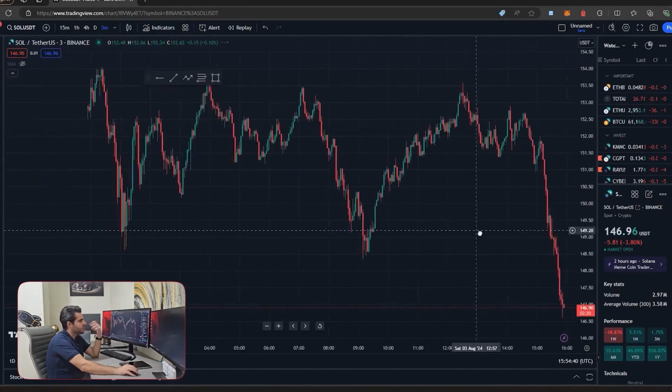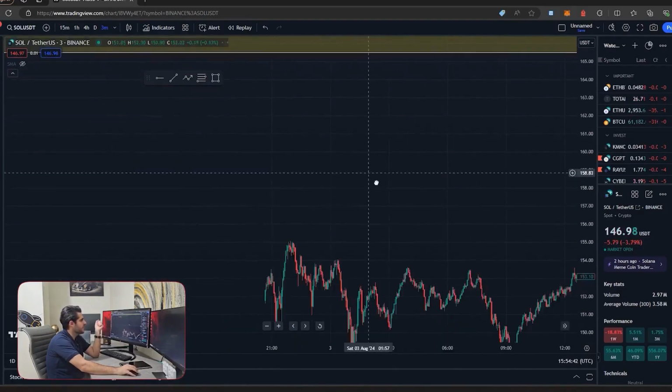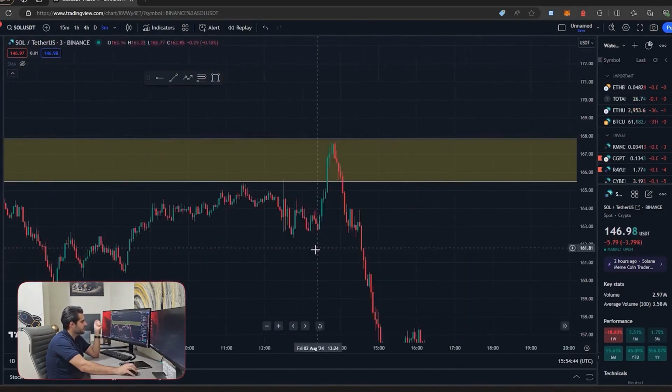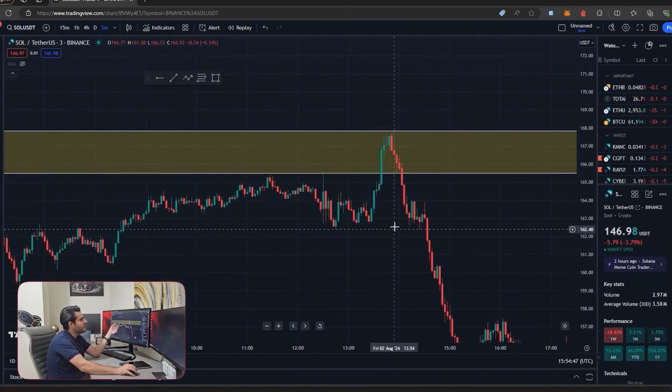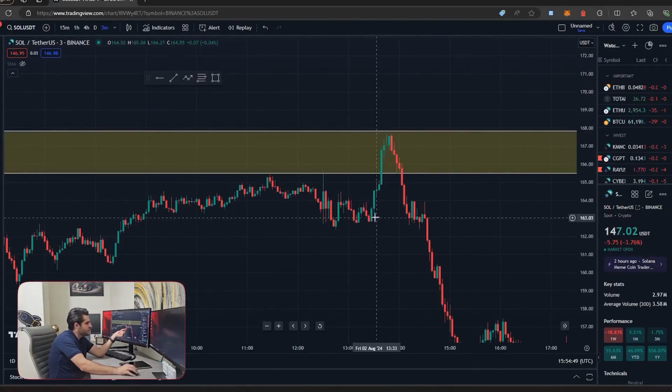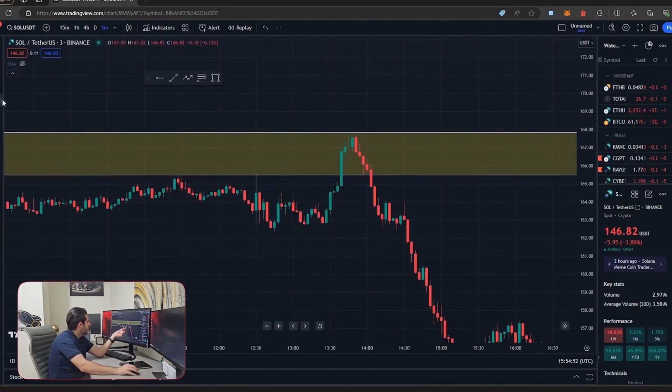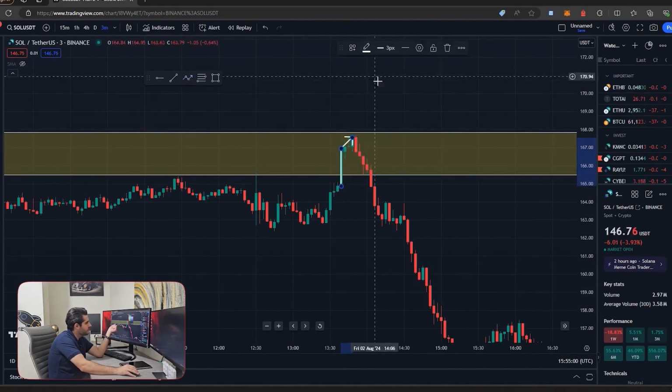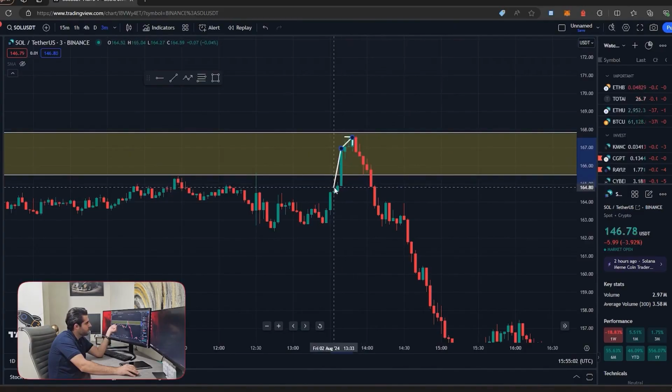If it were Bitcoin or Ethereum, 1 minute might have been more useful. Would I have actually seen this decrease in momentum that happened right here within that green candle that was formed for me? Let me make this white. I would see this.